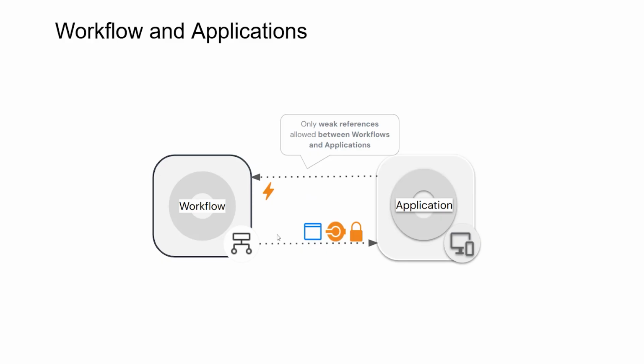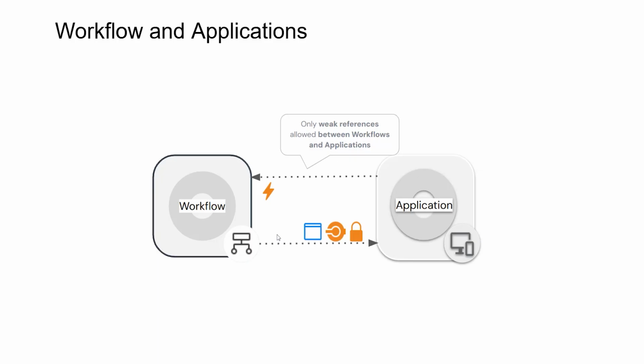So because workflows are their own object, there are only weak references allowed between workflows and the application. So the way a workflow will communicate with an application or interact with an application is through a couple of things, right?